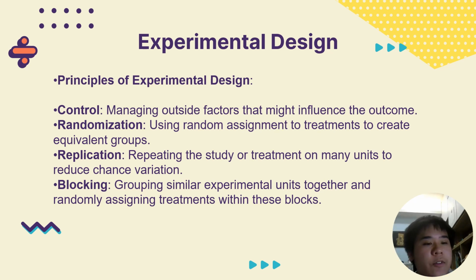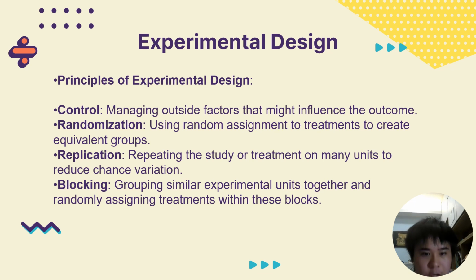Some principles for experimental designs. We have control, which is managing outside factors that might influence the outcome. Randomization, using random assignment of treatments to create equivalent groups. Replication, repeating the study or treatment on many units to reduce chance variation.